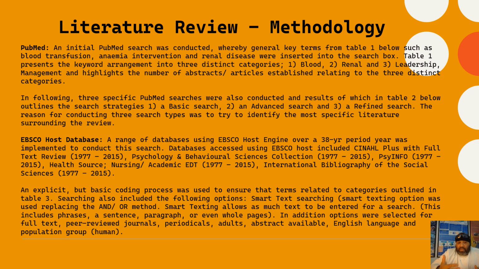So in the EBSCOhost database search engine, specific categories were implemented to ensure specificity in relation to the kind of paper publications that would come out relating to the remit of this work.